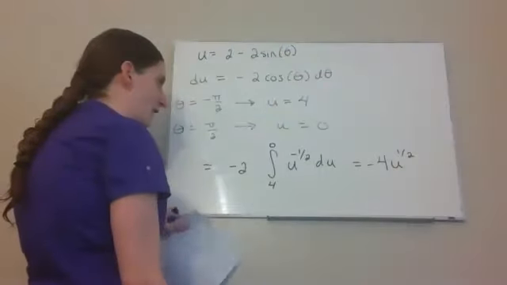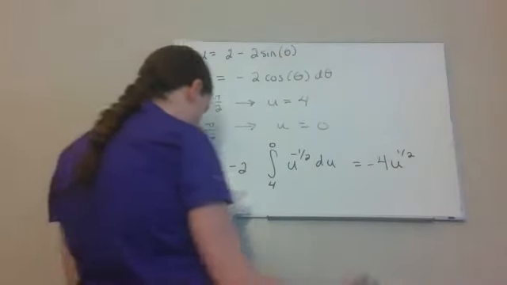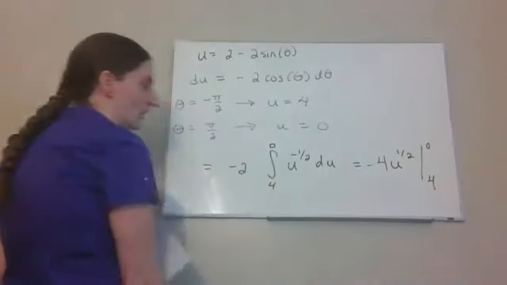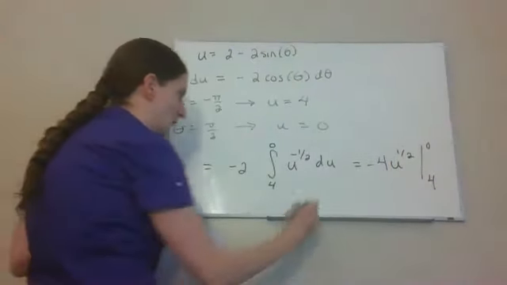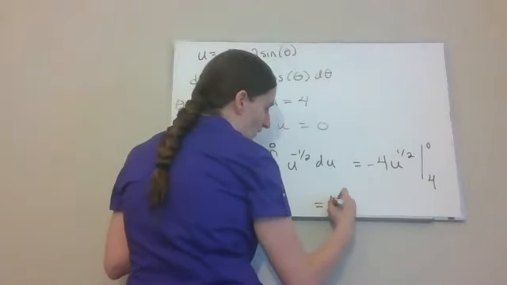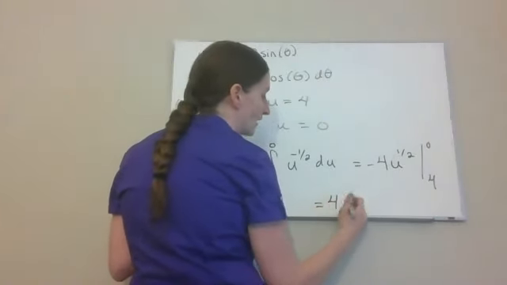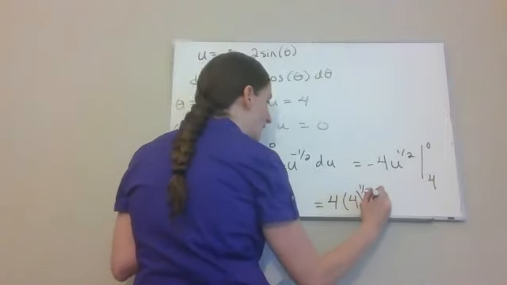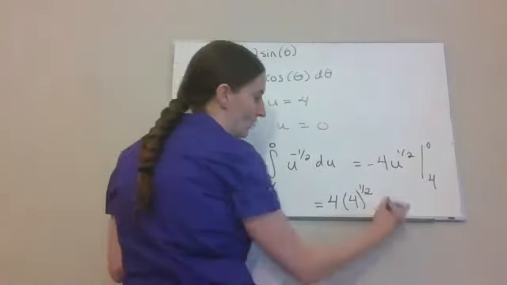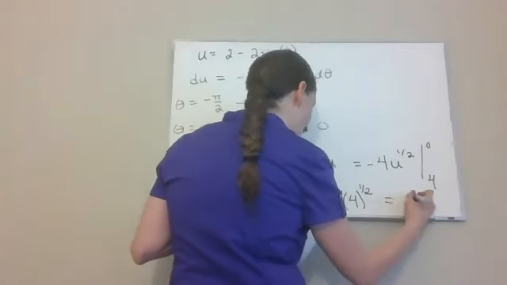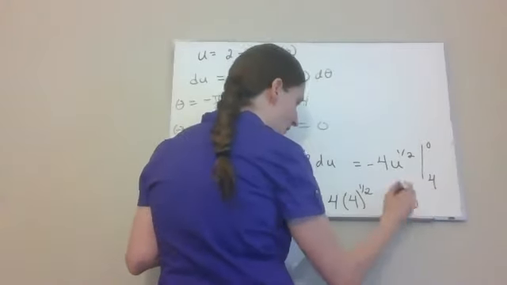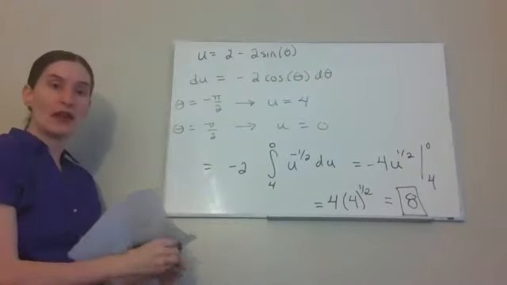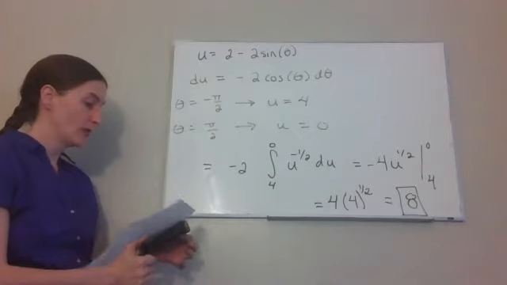So I get negative 4 u to the 1/2, plug in my 0, plug in my 4. You plug in 0, you're going to get 0. And then you plug in the 4 and subtract. So I get 4 times a 4 to the 1/2 power. 4 to the 1/2 is 2. And so I get 8. And so the arc length of that cardioid was equal to 8.